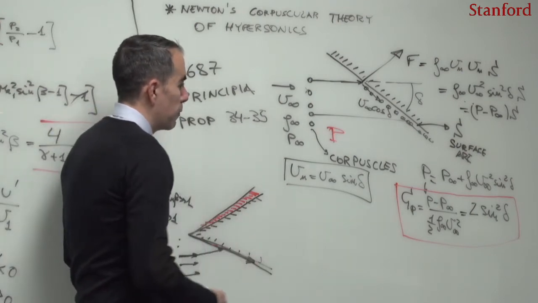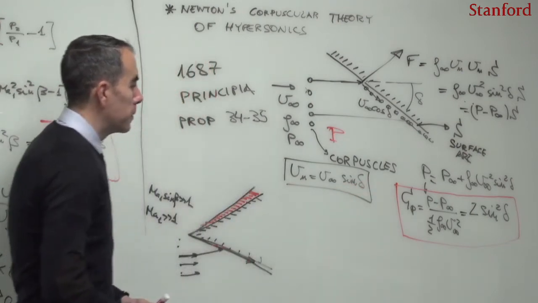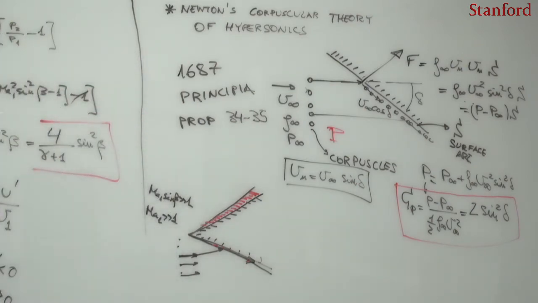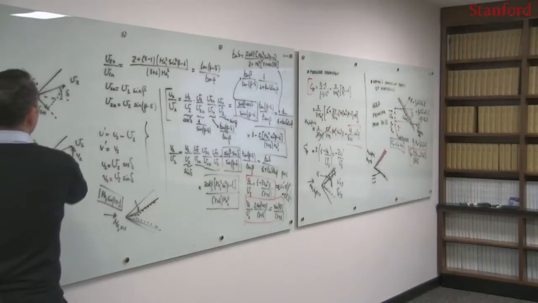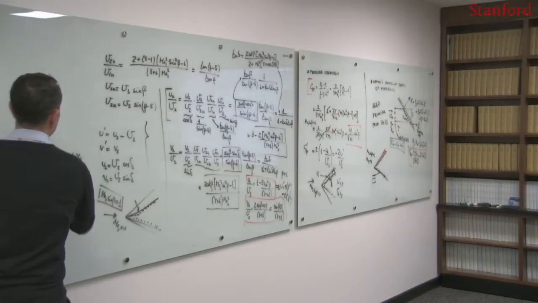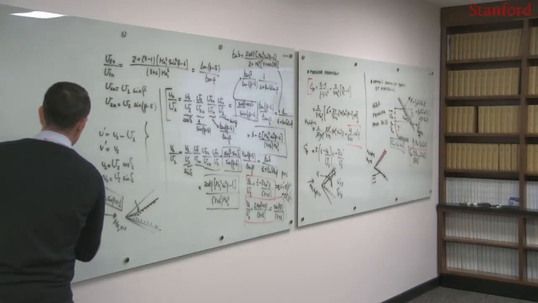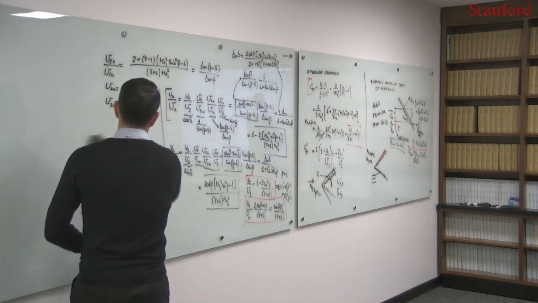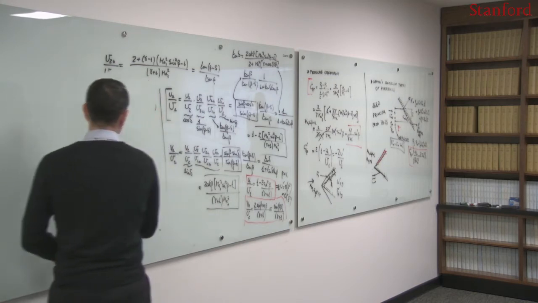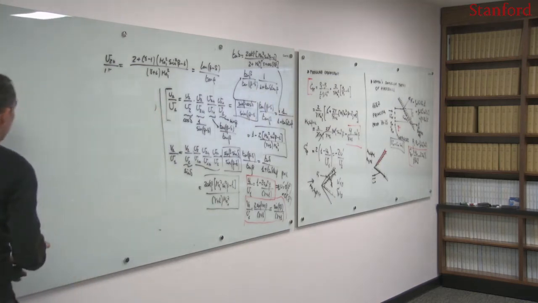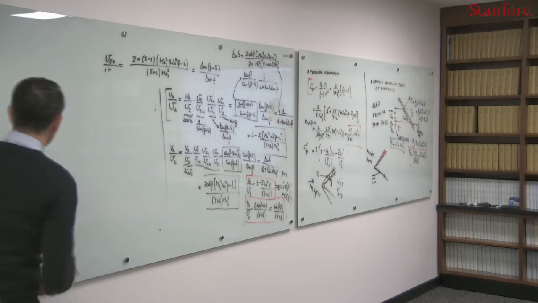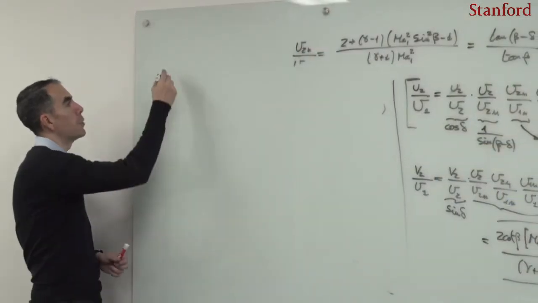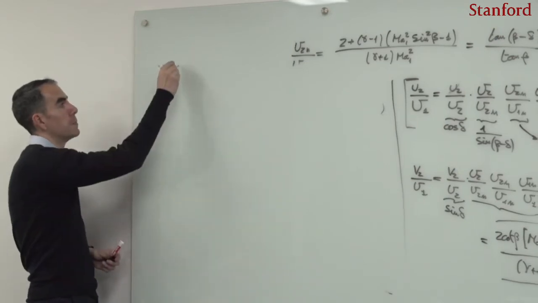So in order to see this, let's look a little bit more at this pressure coefficient. If one takes, for instance, the example of a flat plate to begin with.